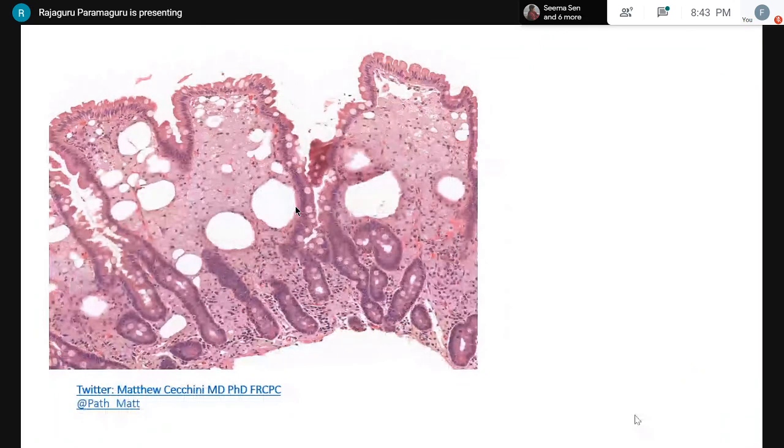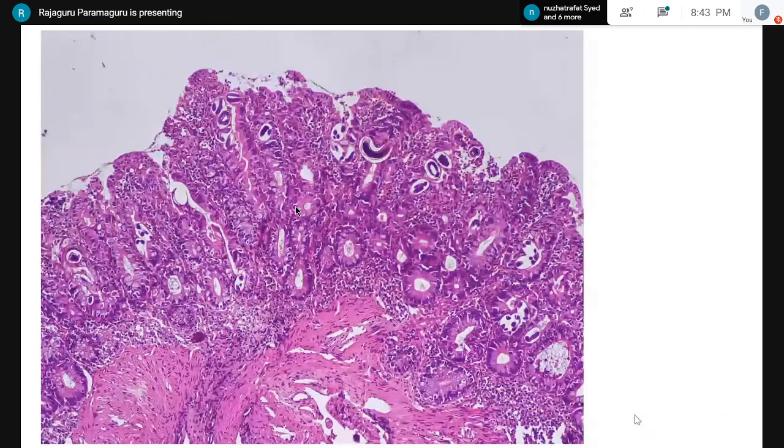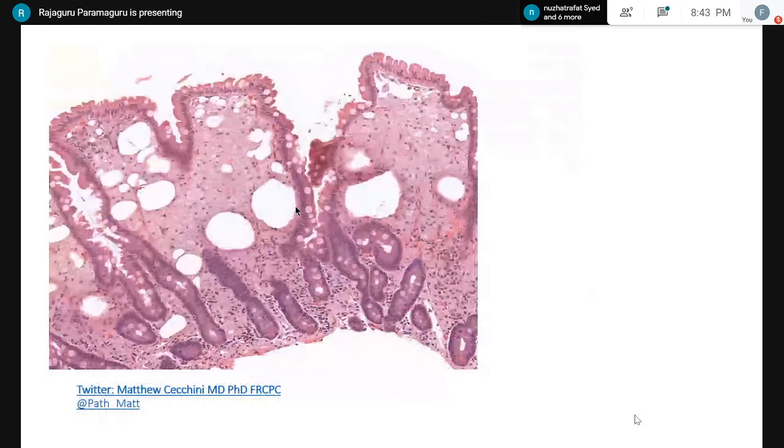Okay. So we have crossed the strongyloides and moved on to the next case. This is a duodenal biopsy, where you find a lot of foamy histiocytes within the lamina propria.